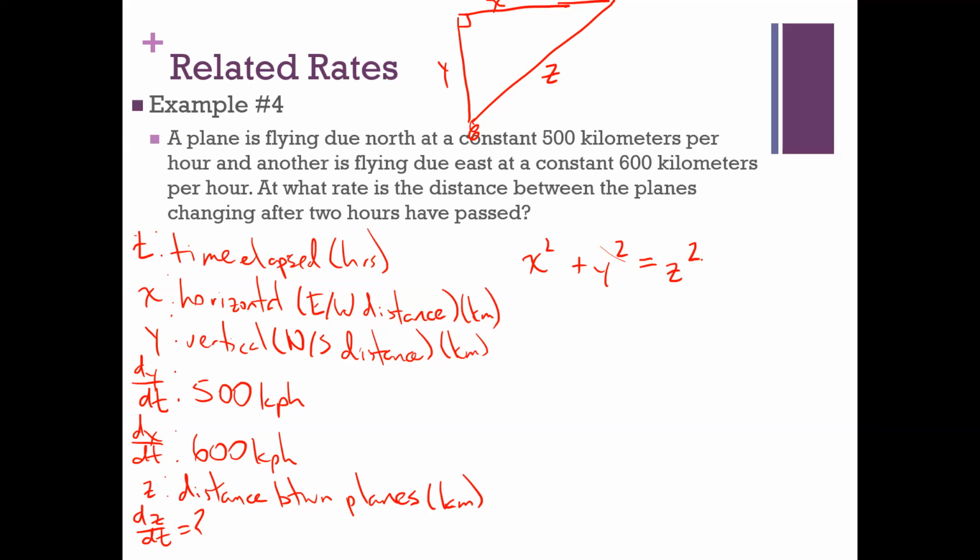Keeping in mind that the thing we really want to find is dz/dt. So how do we get there? Derivative of both sides with respect to t. Perfect. What's the derivative of the left side with respect to time?